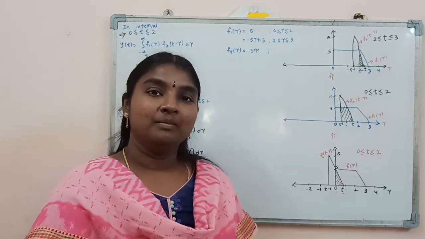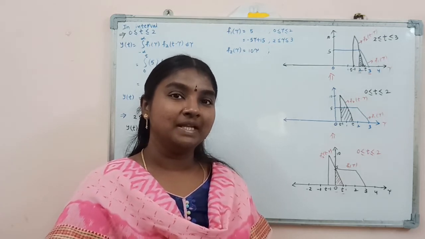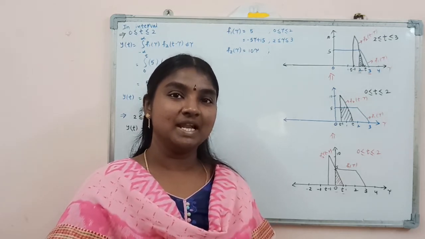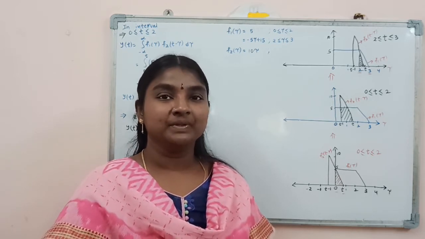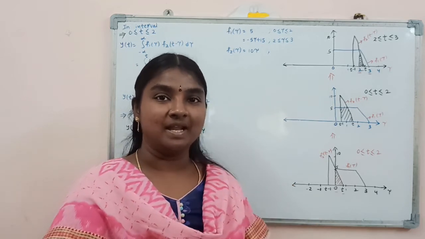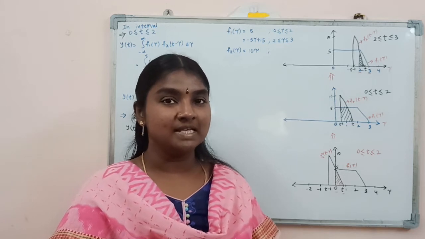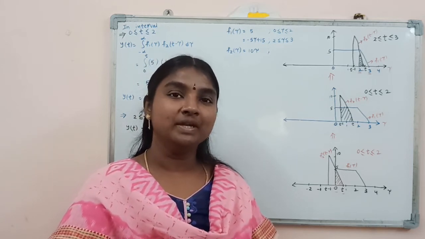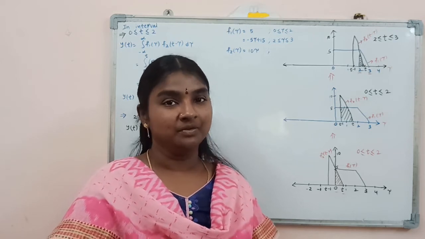So by using the first method, that is, taking the f1 of tau signal as constant and moving the second signal f2, we find the output signal equations in this manner. Now I will simplify by taking f2 of tau as constant and moving f1 of tau, and we will see what answer we observe.